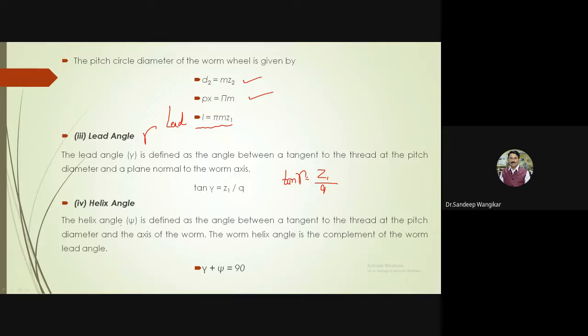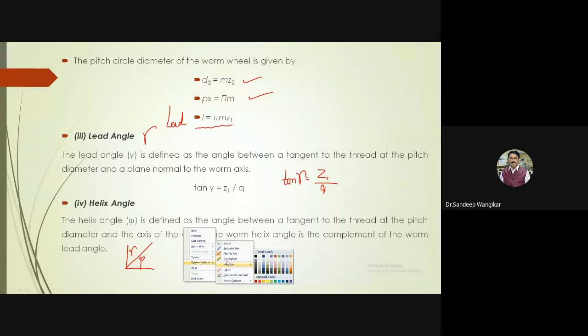And the helix angle psi is defined as the angle between tangent to the thread at the pitch diameter and the axis of the worm. The worm helix angle is complement to the worm lead angle. In this particular diagram, this is gamma, this is psi, so gamma plus psi is equal to 90 degrees. By using this relation, we can proceed further. So let us go for this.